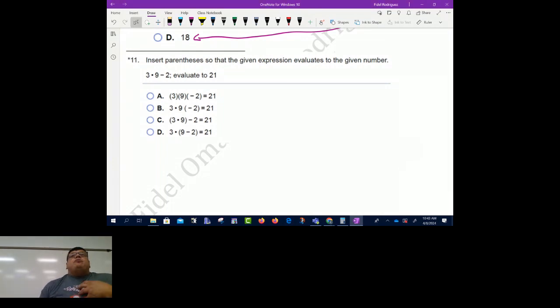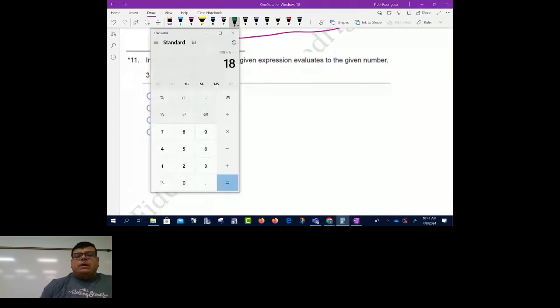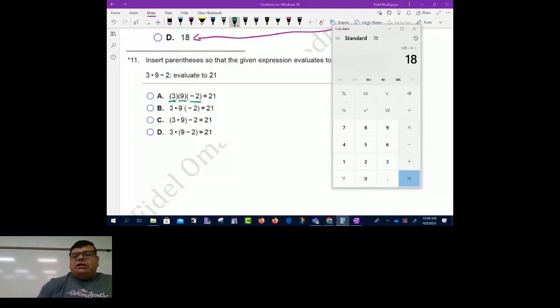So, y'all, if I was sitting where you're sitting and going to take the test myself, this would be my approach. First thing I would do is look at choice A. When the numbers are right next to each other, that means they're being multiplied. So I would take my calculator and say, what's 3 times 9 times negative 2? Does that give me 21?